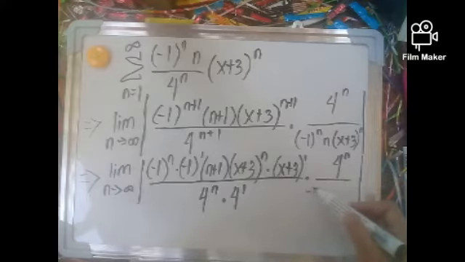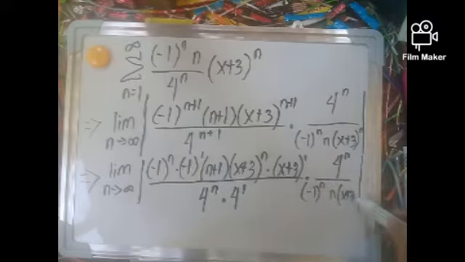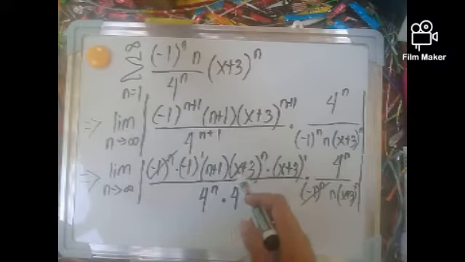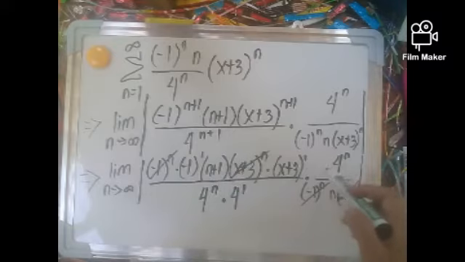Pag-breakdown, sanay na kayo dyan. Sure. Negative 1 raised to n times n, then x plus 3. Kaya natin ginagawa yung breakdown na yan ng mga expressions natin para makancel natin yung mga hindi na kailangang mga bagay-bagay. So, dito makakancel natin ang negative 1 raised to n, the (x plus 3) raised to n, and the 4 raised to n.